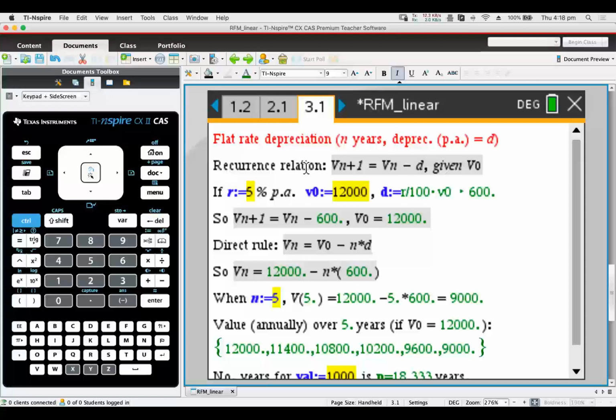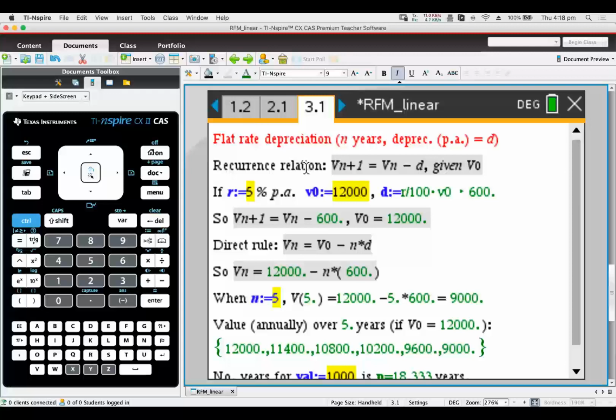It's the same amount you take away. Like with simple interest, you have to work out how much that is. In this case, it's decreasing by 5%, so we're removing 5% of the original value every year.